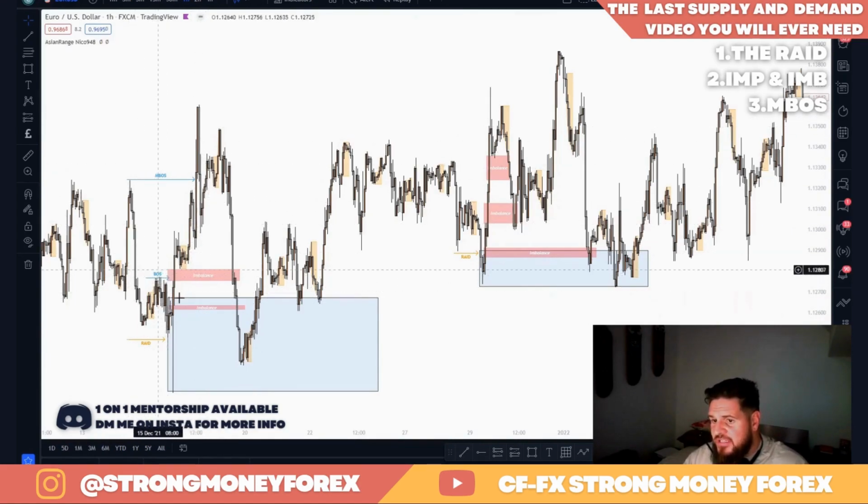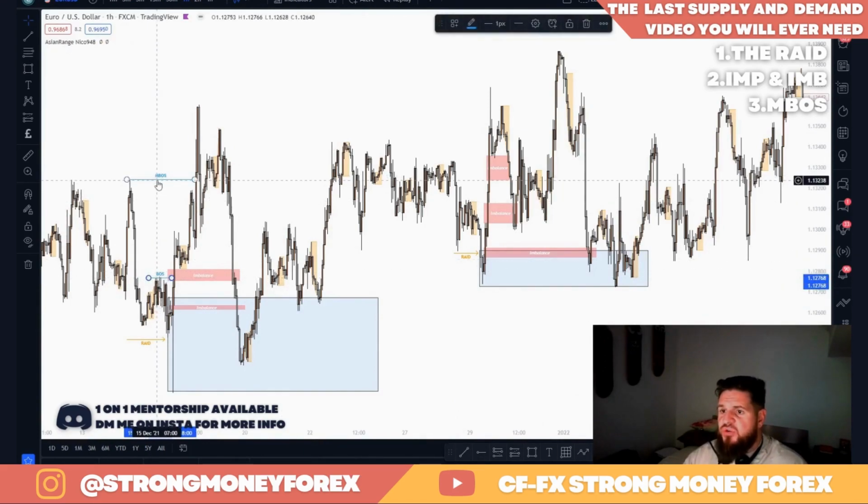All this tells us at this point here is that this smaller time frame trend is broken. It doesn't tell us that the larger, higher time frame trend is going to continue. And so minor breaks of structure are okay, major breaks of structure are what we want.